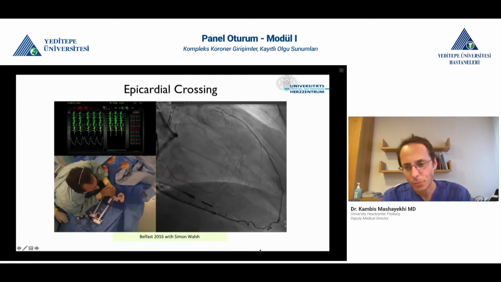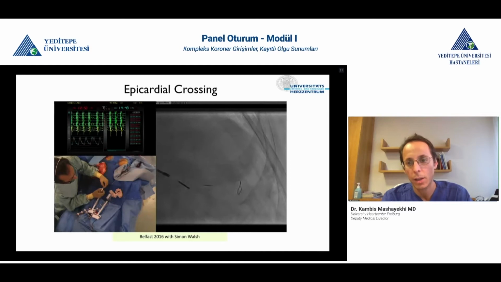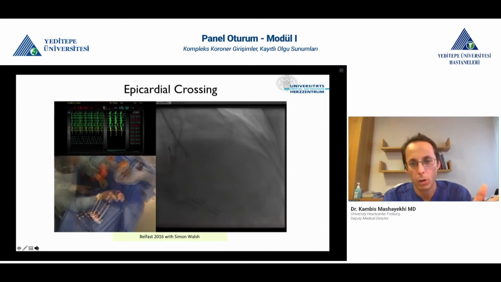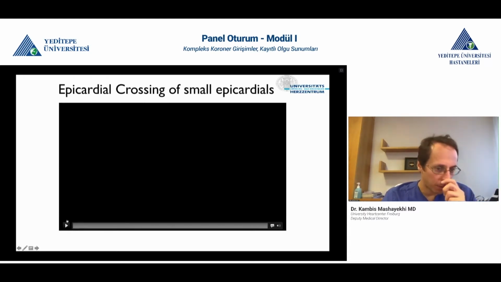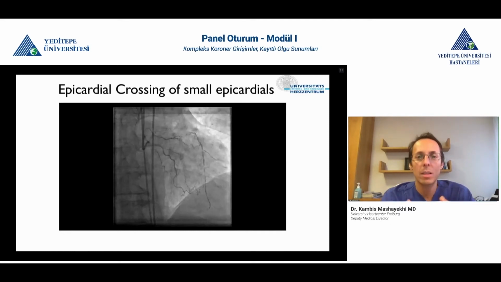And then you see a step-by-step analyzing of the collateral, and here you see the Sion wire, and just go very, very gently and controlled, and once the wire moves forward, you've got it. It's a little bit different when you go for very small epicardial connections, and there I really recommend only to do that if you have some experience, if you had a proctor with this, if you were trained on this.